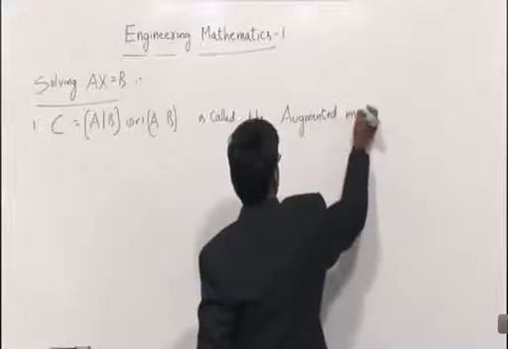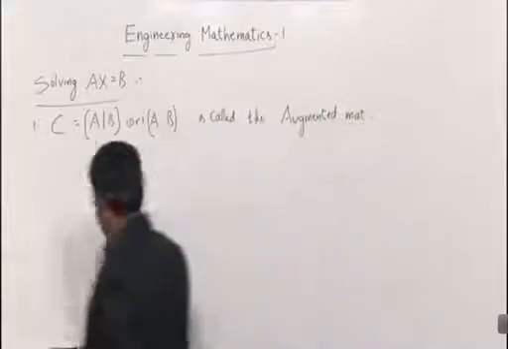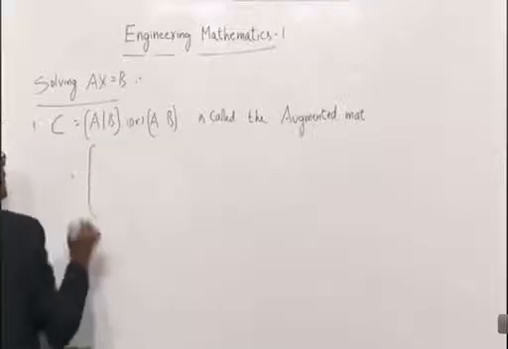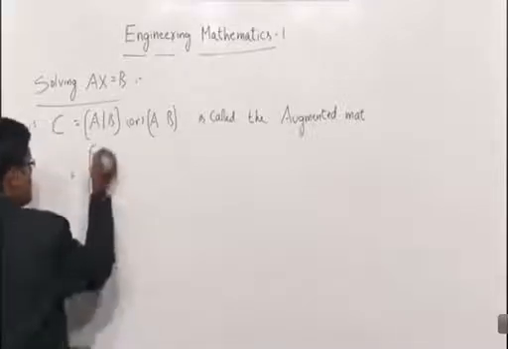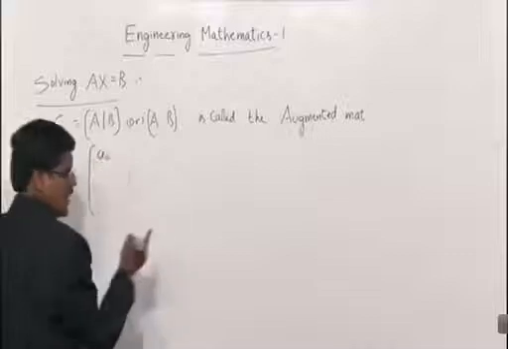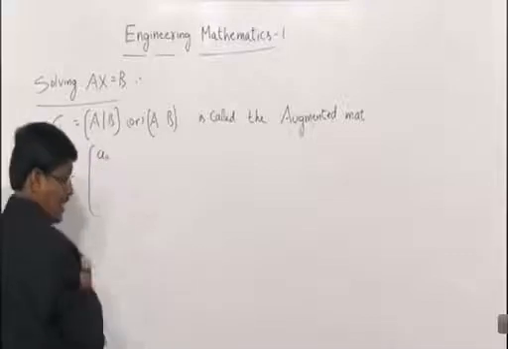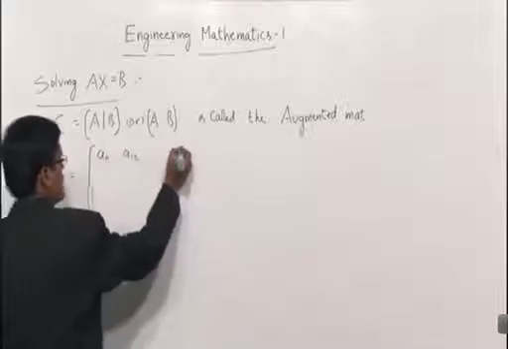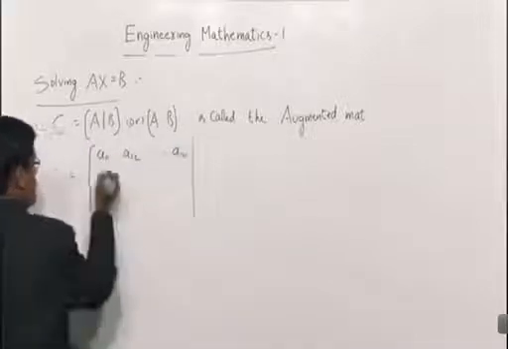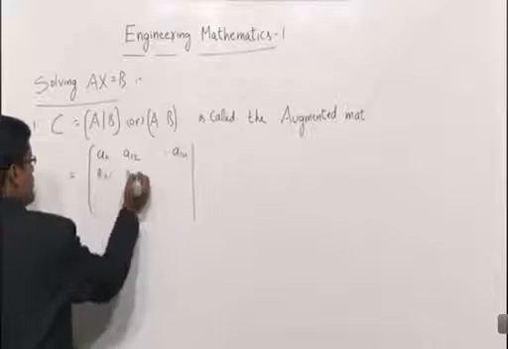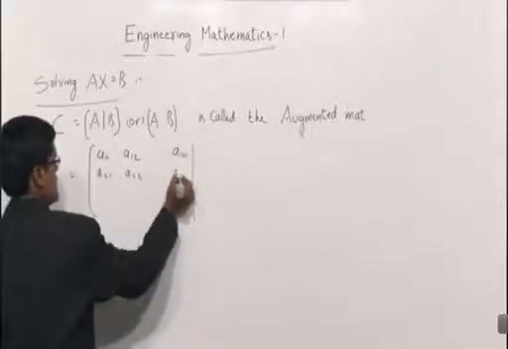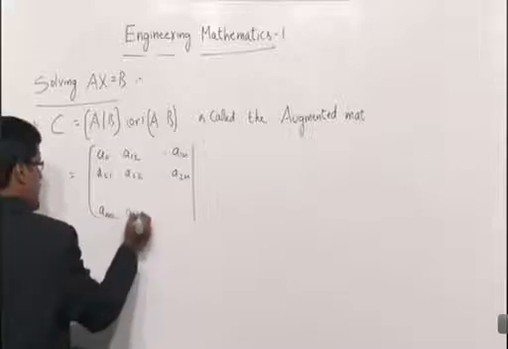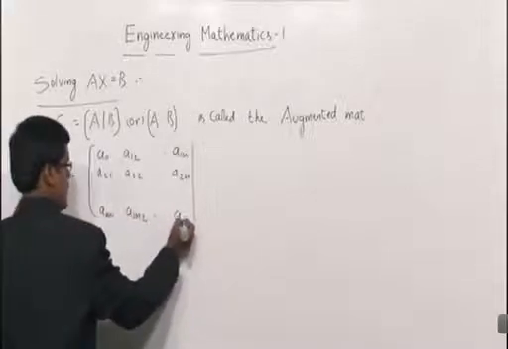Generally, A is an m cross n matrix, that is, m equations and n unknowns: a11, a12, and so on to a1n, a line, a21, a22, and so on to a2n, and so on, am1, am2, amn.